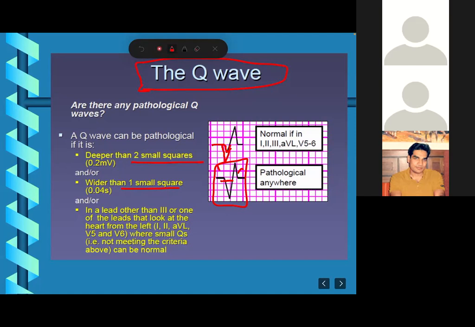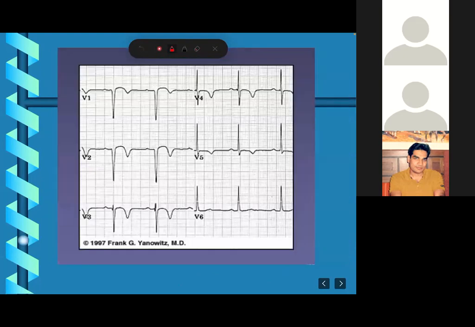Q waves are present in old anterior MIs. When there is an old STEMI, then after some time the Q waves will be present, and they will remain lifelong.